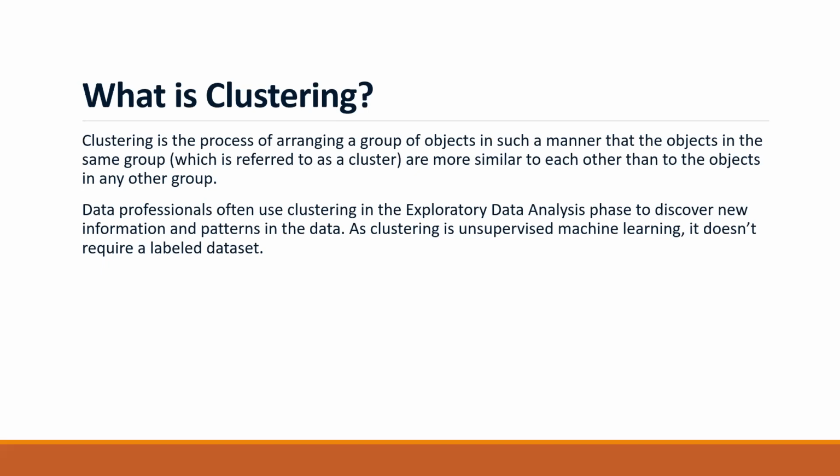We have different types of data, but whenever we organize that data, it is organized on the basis of similarity. These groups of data which we are making are known as clusters. So on the basis of similarity, these groups are assigned.